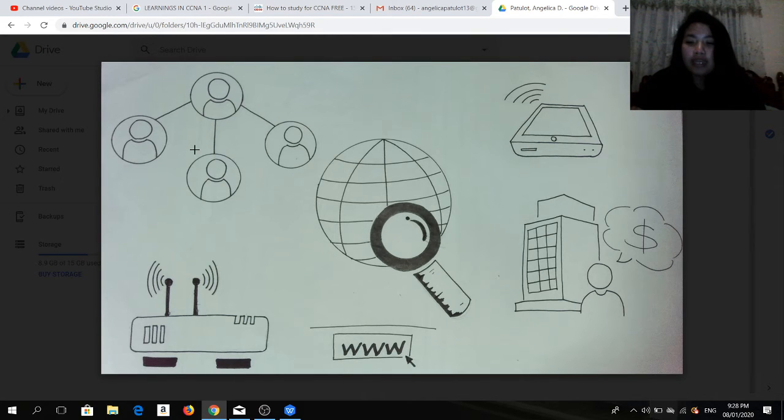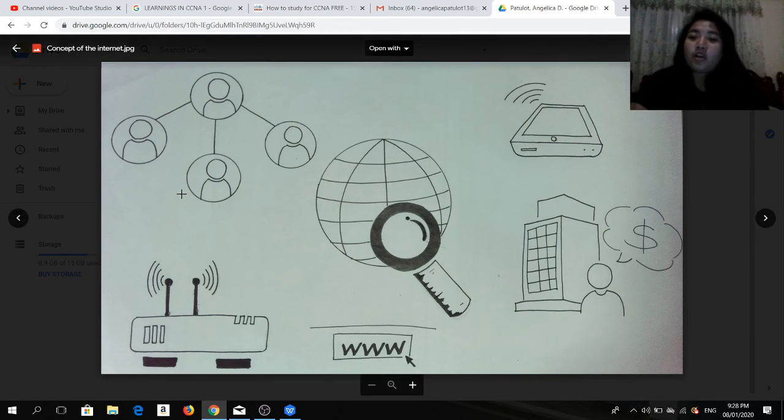Through the internet, we can communicate with other people. If you use the internet, then you probably use internet-based communications to contact family.